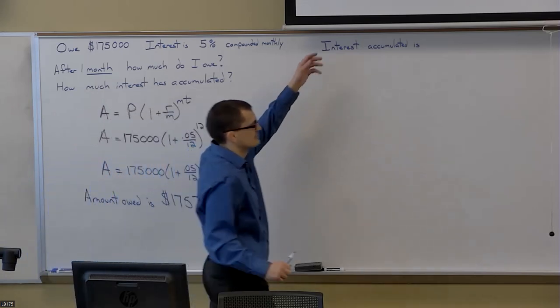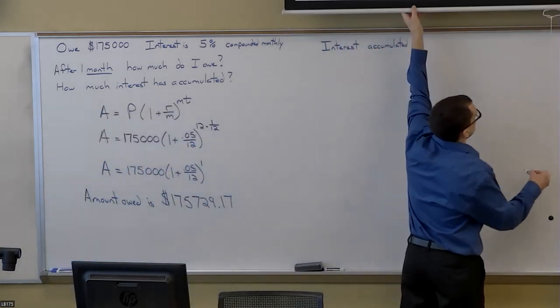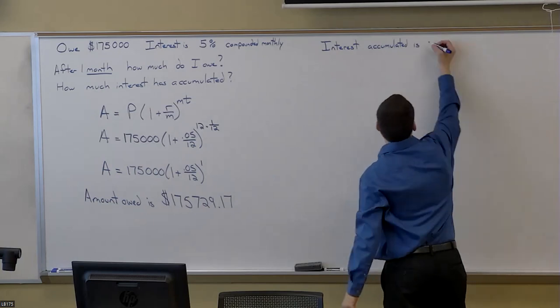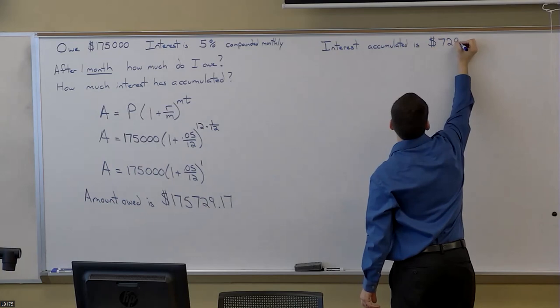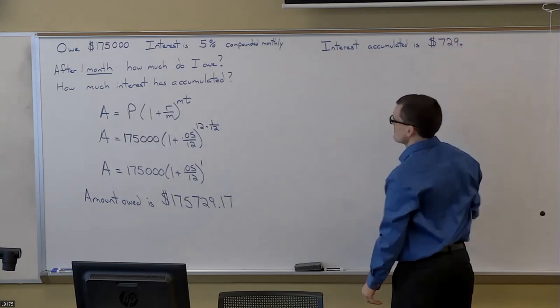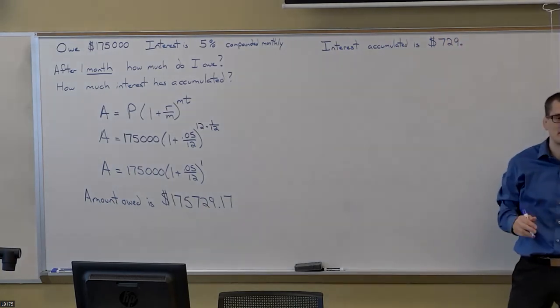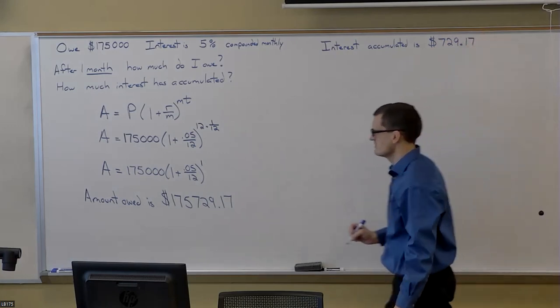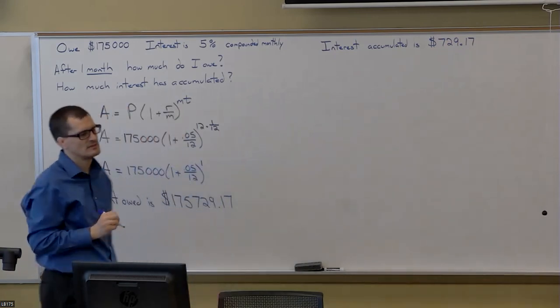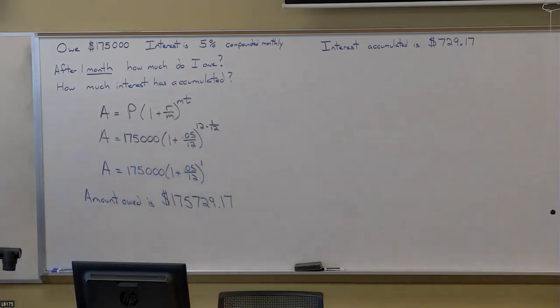That means in 1 month's time, the interest that I've accumulated is $729,000. I apologize. $729.17. Is that okay?